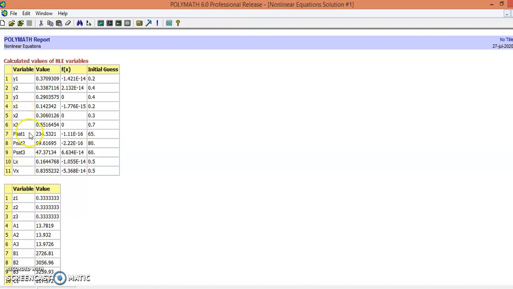Also, we know the saturation pressures, and the total liquid fraction and total vapor fraction. So in this way it was possible to solve these flash calculations with Polymath. It's very easy and useful to use this system of equations to solve this type of problems.